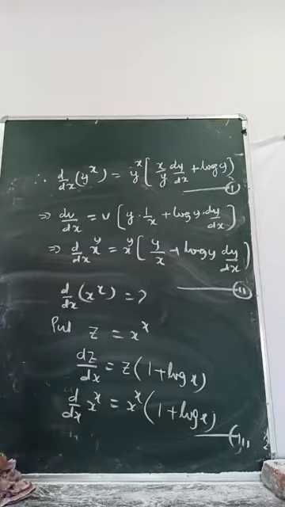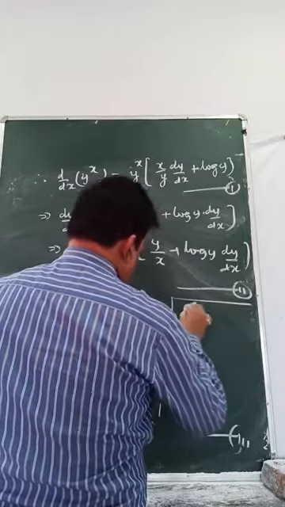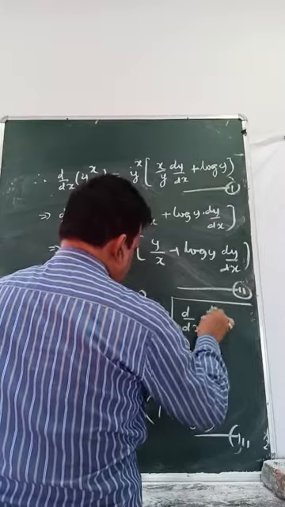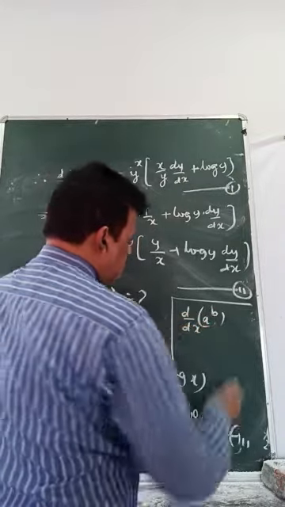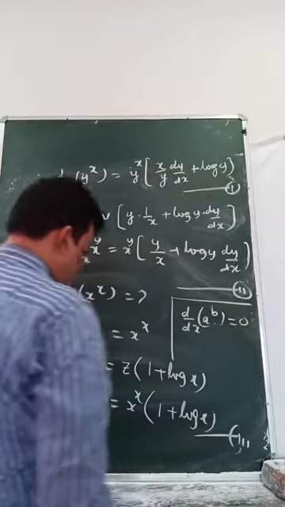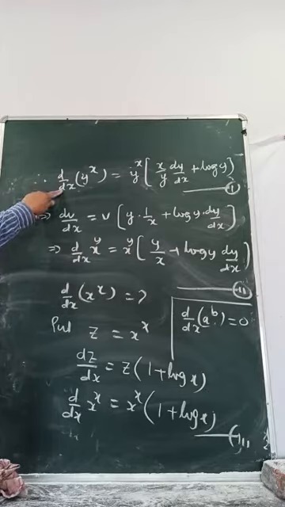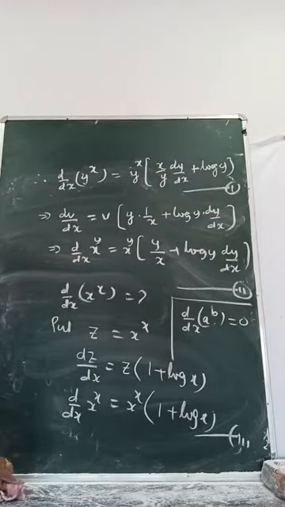What is the fourth part? Fourth part is the right side. What is d/dx of a to the power b? Both base and power are constant. This is a constant term. This will be 0. So therefore, our conclusion is this derivative plus this derivative plus this derivative is 0.